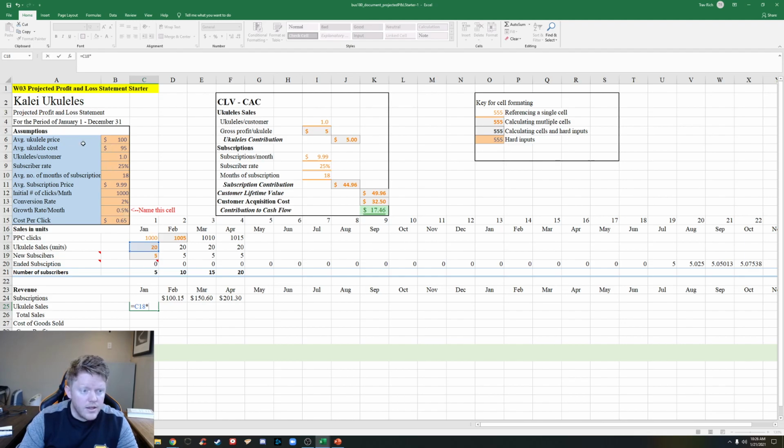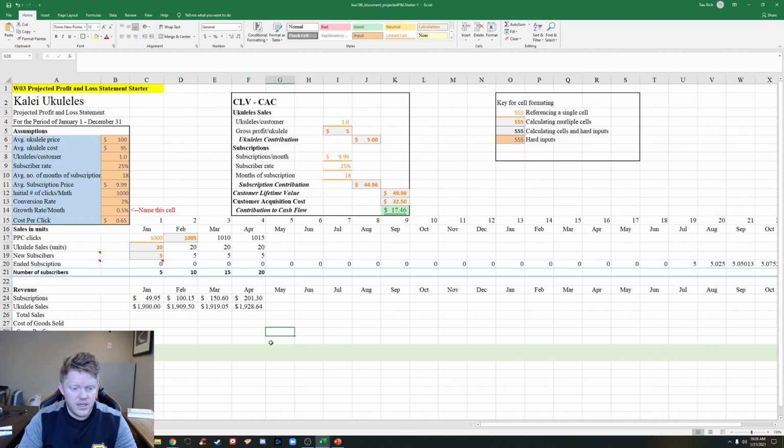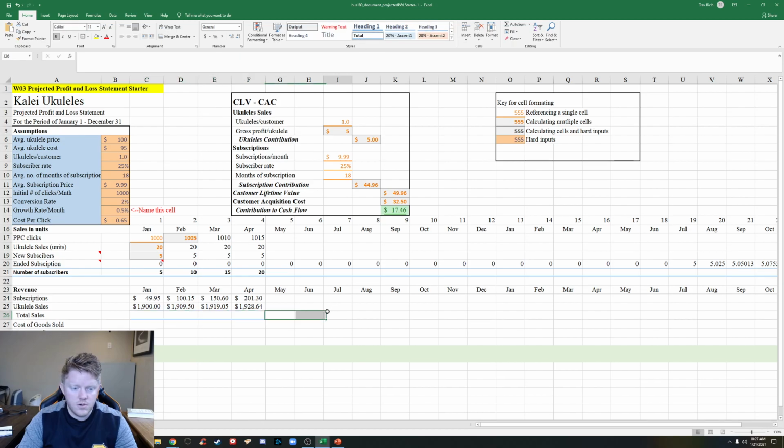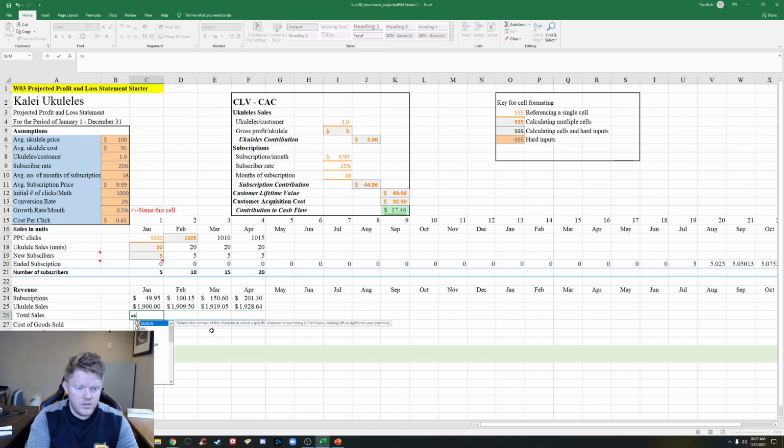So that should be, where is this? Right here. So B7, and we're going to drag this over, and we're going to go ahead and put dollar signs, and we're going to go total. Again, if it's a total, I like to do a formatting of this sort, and it's going to just be a sum.